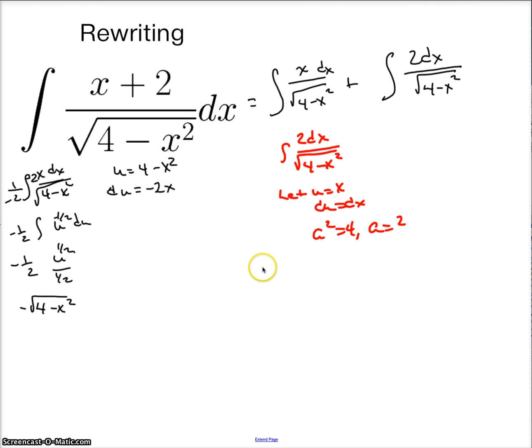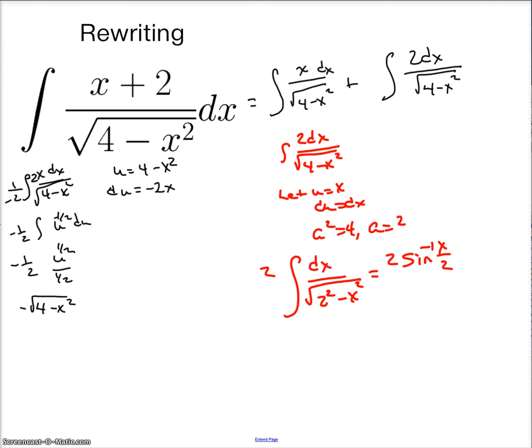And now I'm going to rewrite this as 2 times the integral of dx divided by the square root of 2 squared minus x squared. So this becomes 2 times the inverse sine of x over 2.